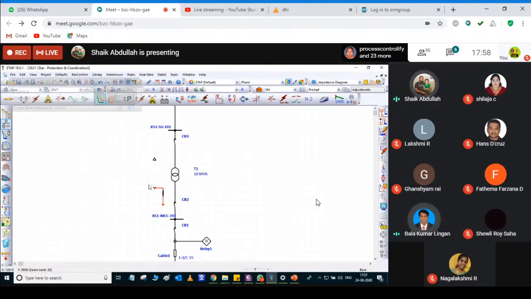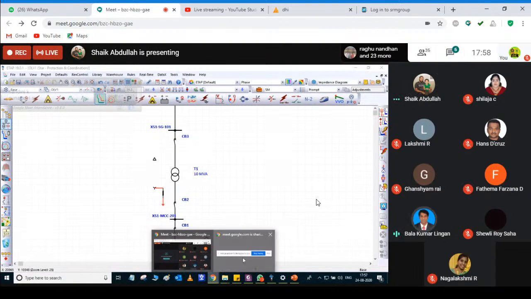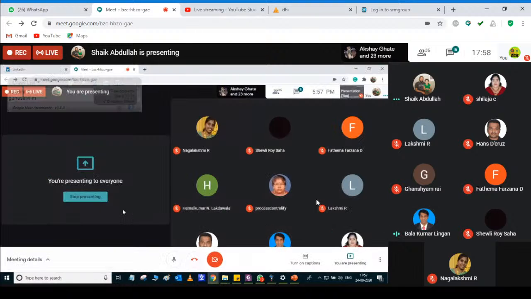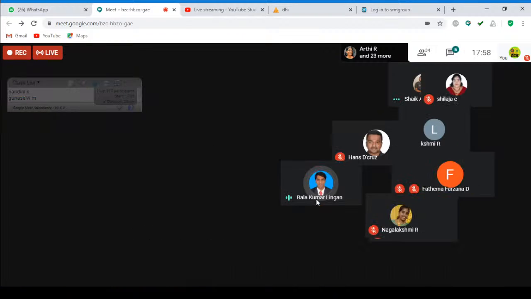So in this case, yes, Bala. Sheikh sir, can you verify whether your screen is shared or not? For me, it is not visible. What about others? Can anyone see the screen from the past 3 minutes? Dear participants.